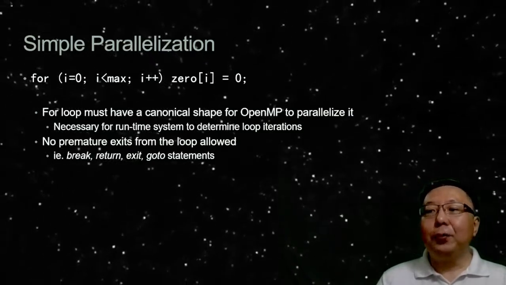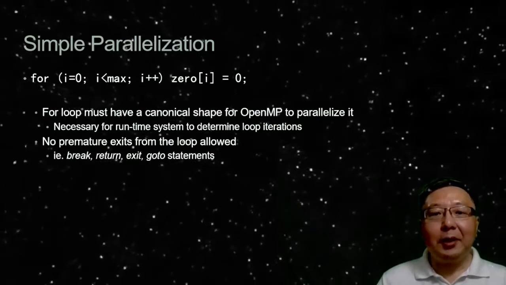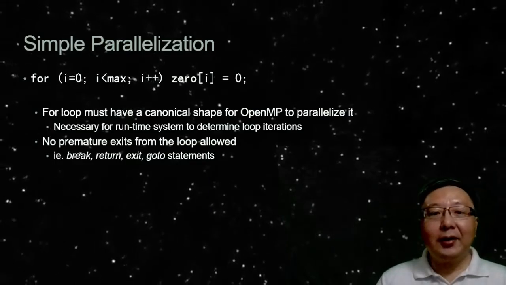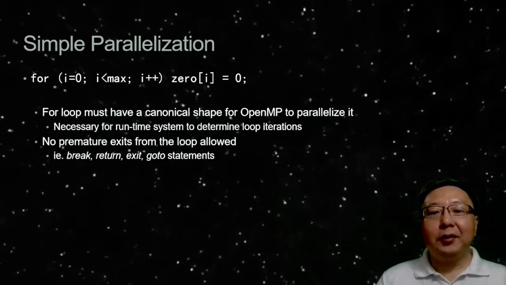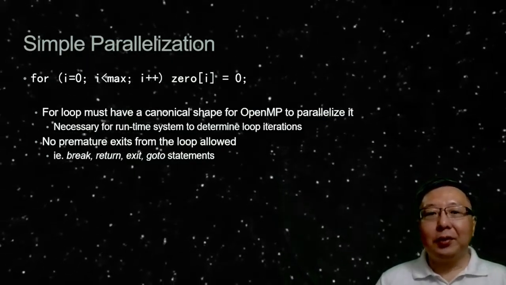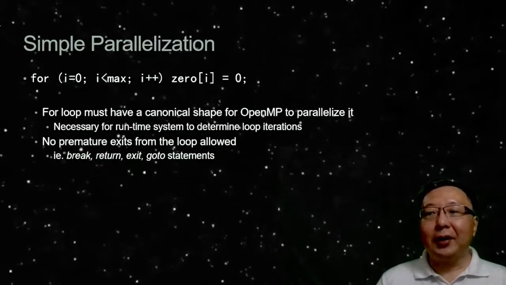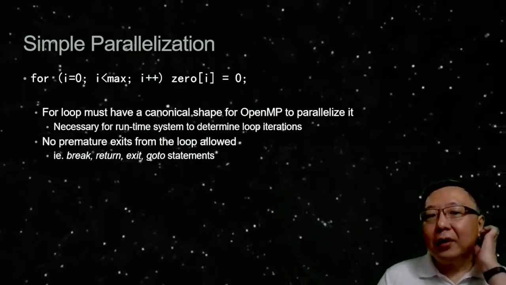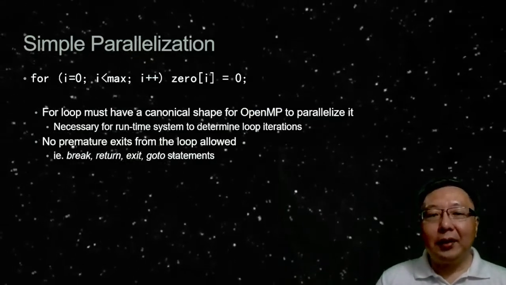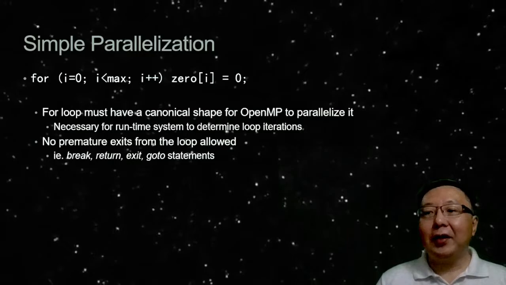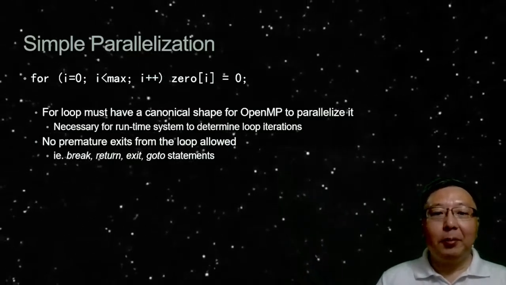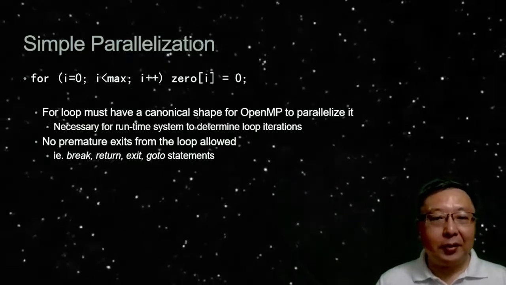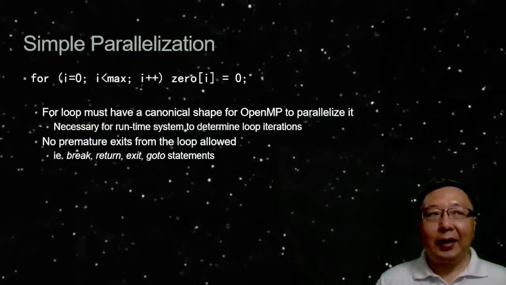For a loop to have a canonical shape, it means that you can just say, I want this parallelized, and OpenMP will deal with it, and you don't have to deal with how to get it parallelized. One of the things about this is that it must not have any premature exits from the loop, because if it has premature exits like break, return, exit, or goto statements, then it cannot parallelize it.